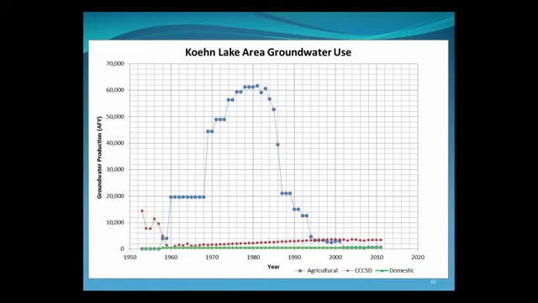The blue is historic agricultural use. You can see that in the 60s or thereabouts, substantial agricultural production began. It peaked around the 1980s with 60,000 acre feet of sustained pumping, dropped off in the late 80s and early 90s, and it's all but disappeared today.